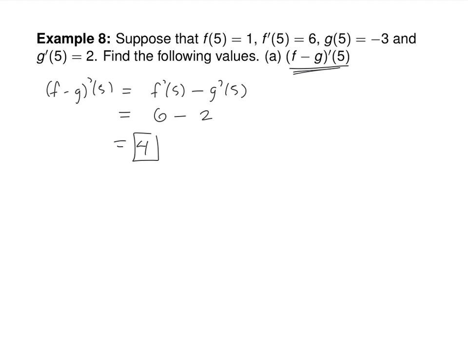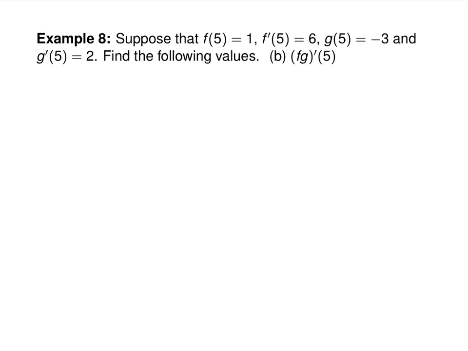Alrighty. How about this one? f times g prime of 5. What rule do you have to use for that one? Product. So that will be f prime of 5 times g of 5, plus g prime of 5 times f of 5. Great.